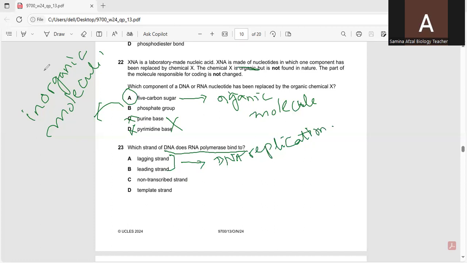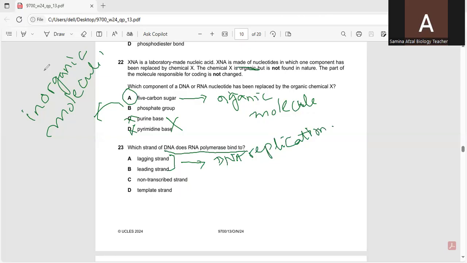In DNA replication, DNA polymerase synthesizes DNA on both strands, but in different manners due to the anti-parallel nature of DNA and the 5 to 3 end synthesis requirement. So this option is irrelevant to transcription. These first two options cannot be the correct options.